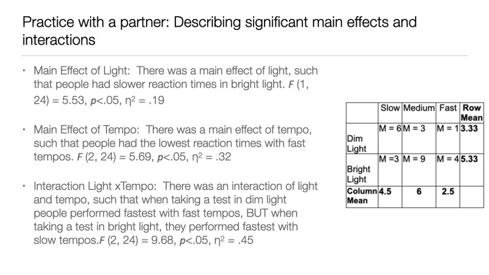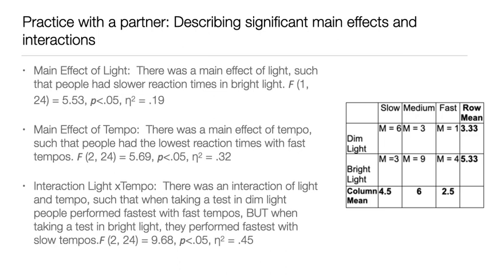But when they took tests in bright light, they performed fastest with slow tempos, indicating that there's something different going on here, that caveat, that but. You could describe this differently. You could say they were the slowest in the dim light condition in slow tempos, and then they were the slowest in the bright light conditions in medium tempos. There's different ways to do it, but this is one example of something that would be correct.